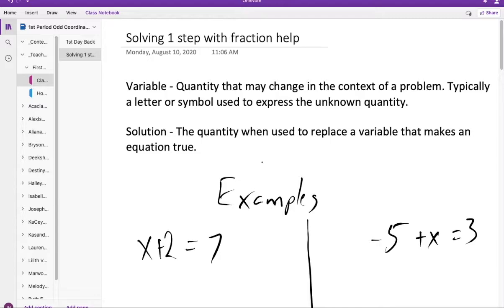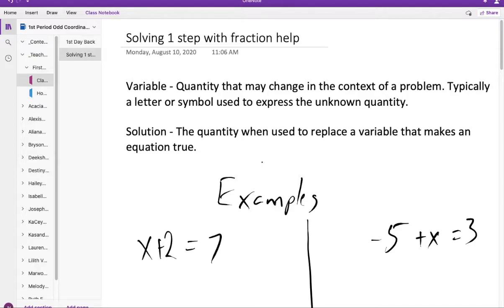All right, to begin, we're going to start talking first about what a variable is. So a variable is a quantity that typically changes in the context of a problem. So it's some kind of unknown that we need to try to figure out what it is. And once you have found it, it's the solution to that equation.